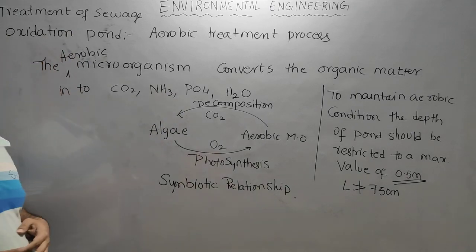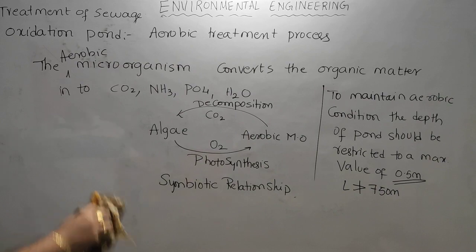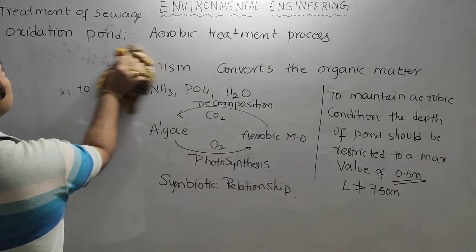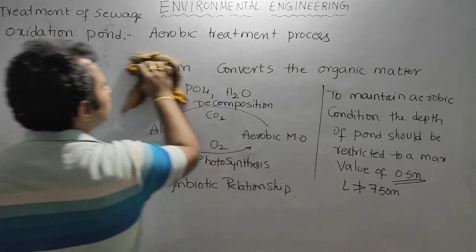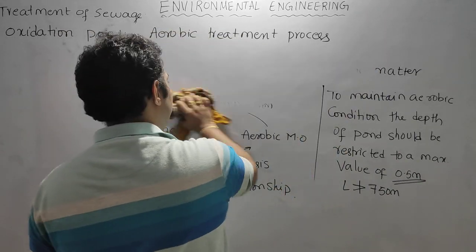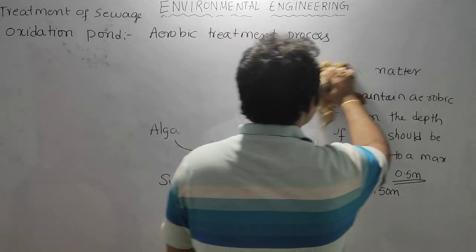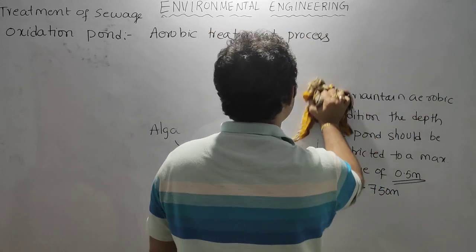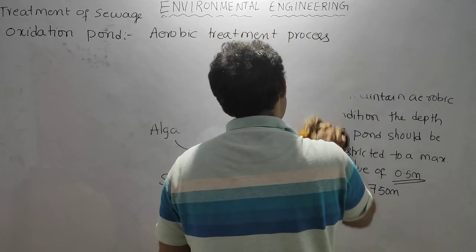So what is the organic loading rate? How will the organic loading rate be given in the code as per the latitudes? Let us see that. The efficiency of the oxidation pond depends upon how much time you leave the organic matter inside the pond.